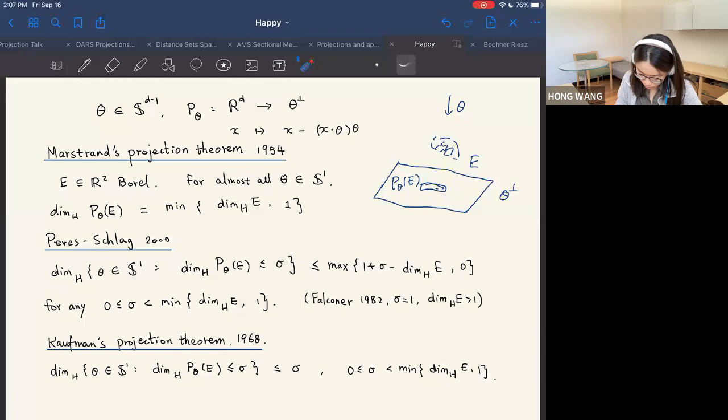And there is also another generalization of Marstrand's projection theorem that's due to Kaufman in 1968.